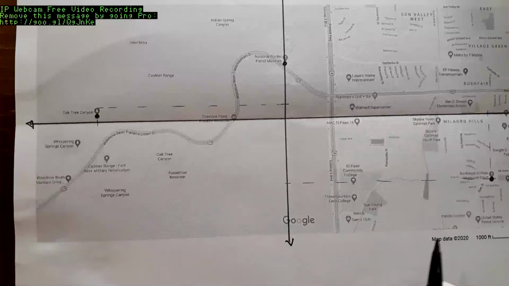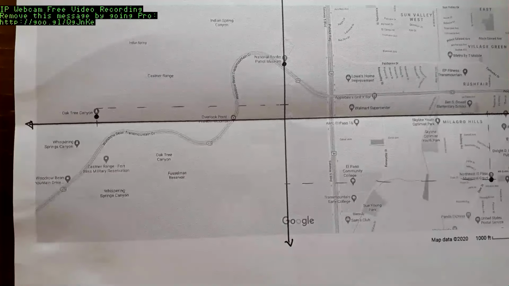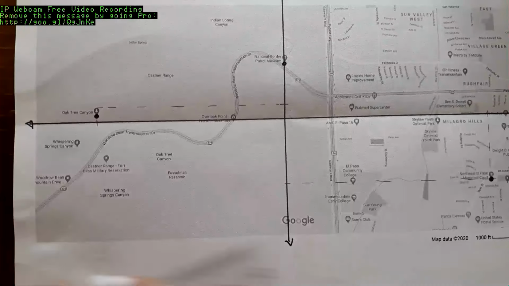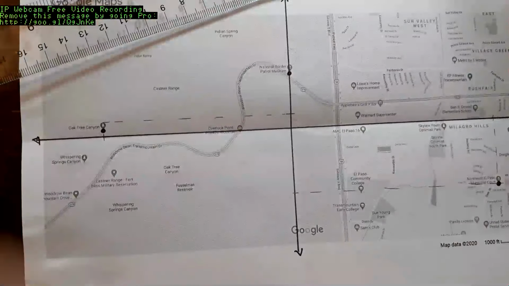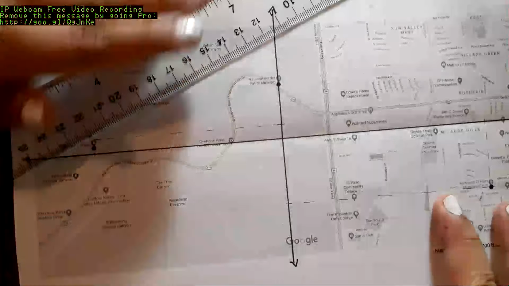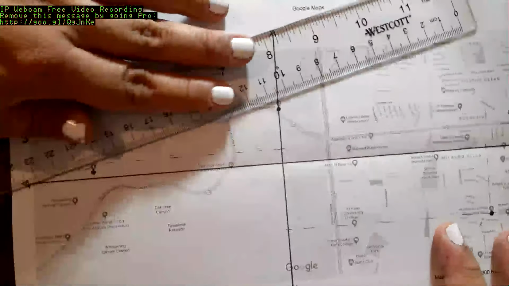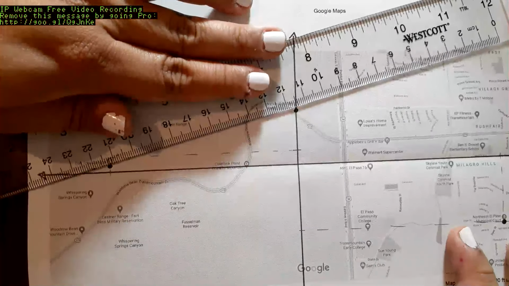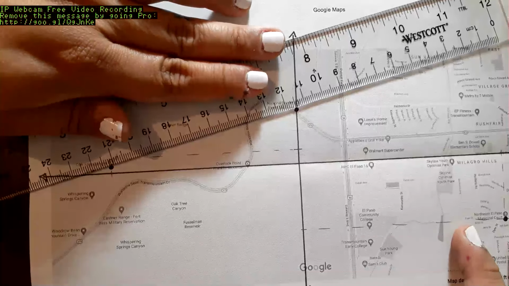So let me go ahead and connect my dots. The first one that I'm going to connect is my Oak Tree Canyon and the National Border Patrol Museum.